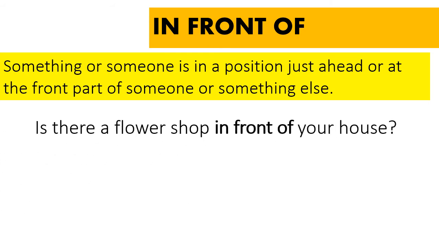By just looking at example number 1, is there a flower shop in front of your house? This means that the one asking the question is asking if the flower shop is just ahead of your house.